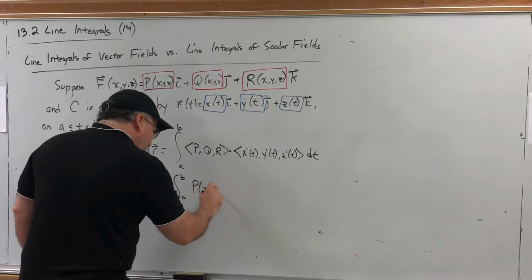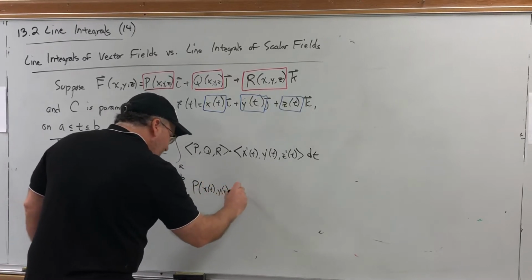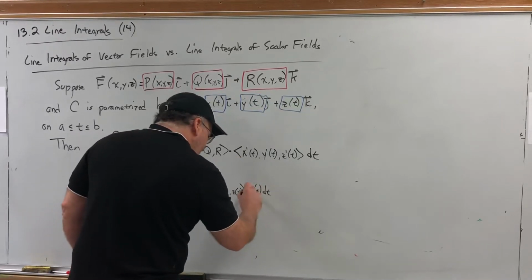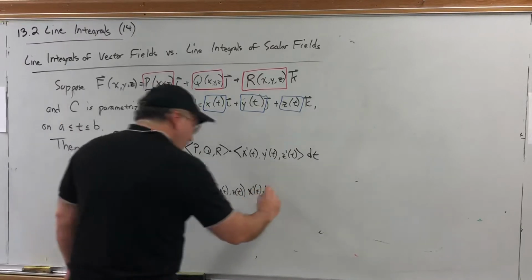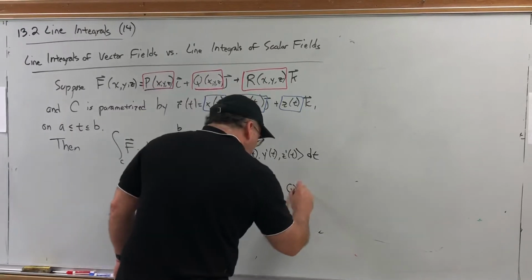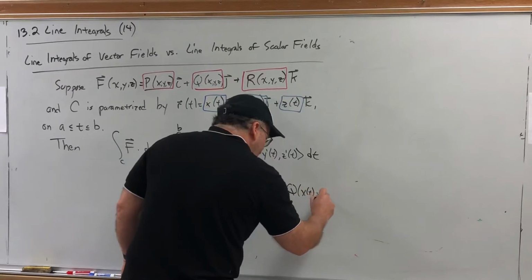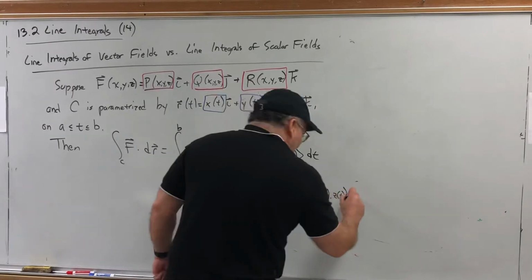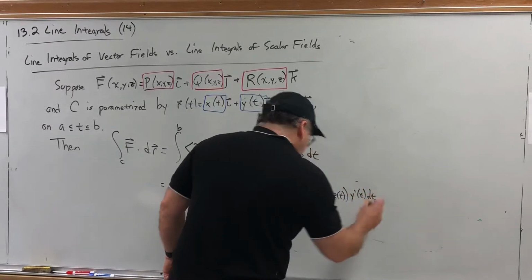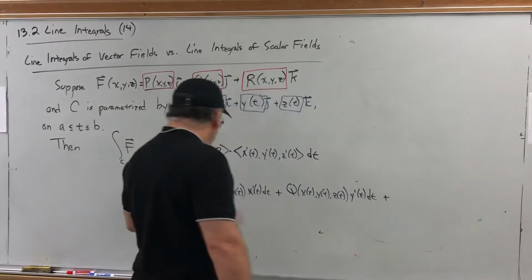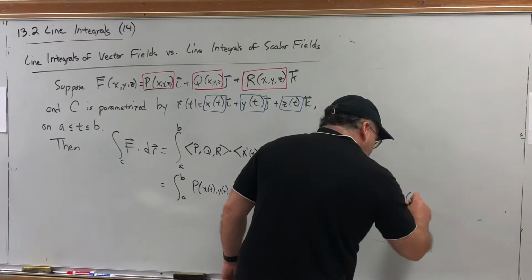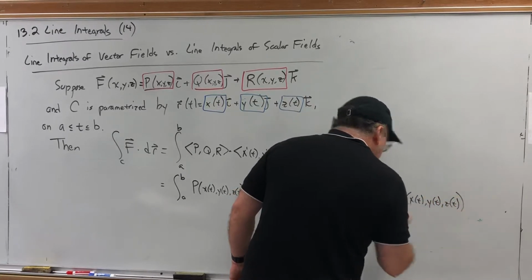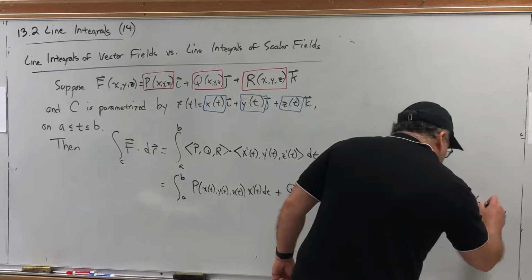So P of x(t), y(t), z(t), times x'(t) dt, plus Q of x(t), y(t), z(t) times y'(t) dt, plus R of x(t), y(t), z(t) times z'(t) dt.